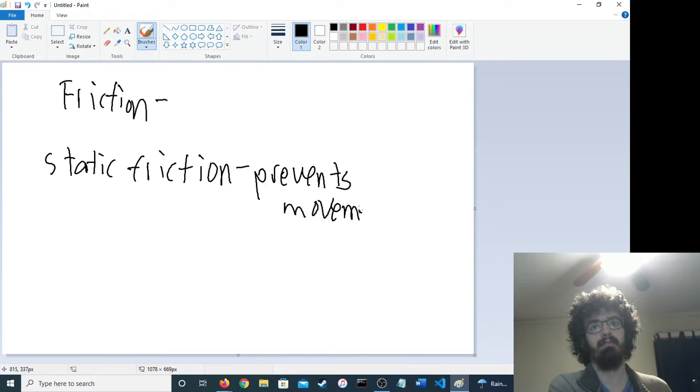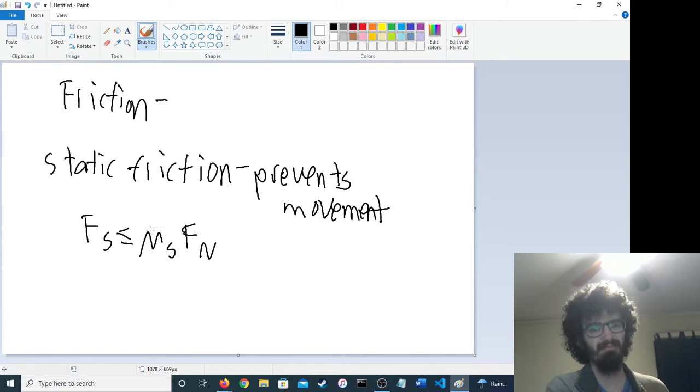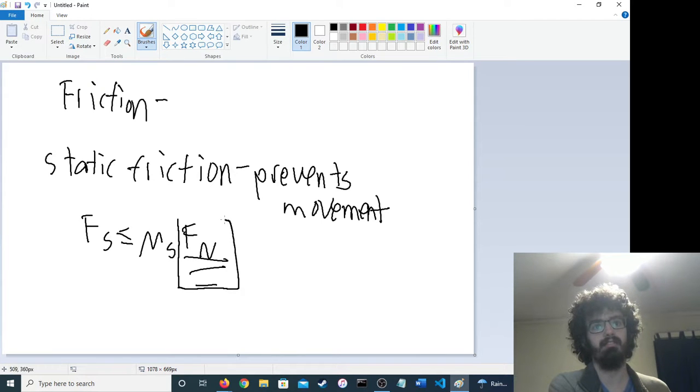And then we have a formula: F static is less than or equal to the coefficient of static friction times the normal force. This is important because it means that the heavier something is, the more static friction it might have. That's an interesting way of thinking about things.